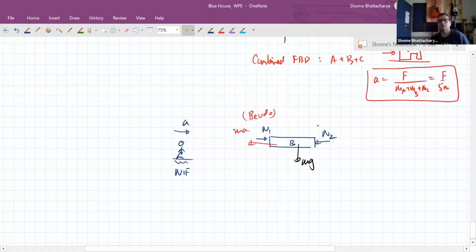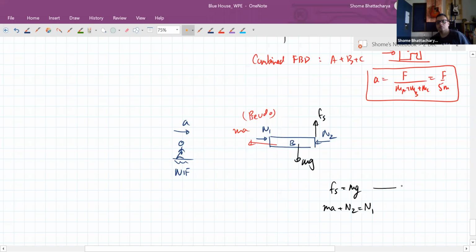There is mg and there is static friction. Okay. So static friction has to balance mg and pseudo force plus N2 has to balance N1.